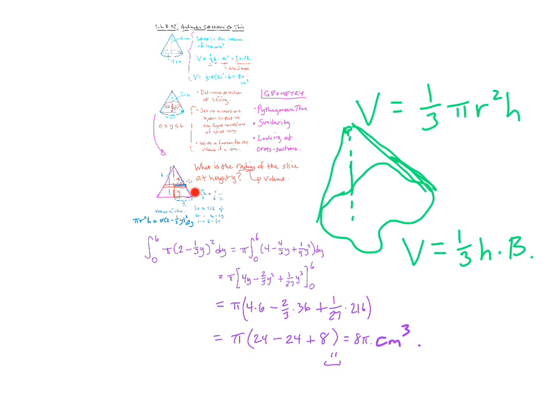I wasn't interested in the length of this lateral slope. I was interested in heights and bases, which is why I needed to use similarity. That's the second thing. And the third thing is, if a 3-dimensional figure is too much, look at a 2-dimensional cross-section that captures most of the geometry of the figure you're playing with.